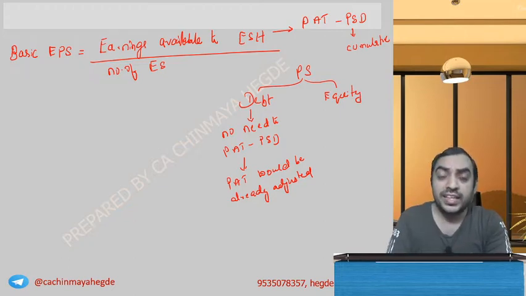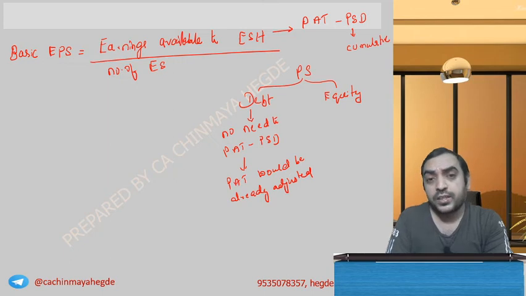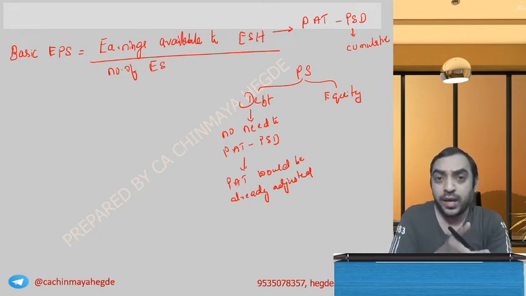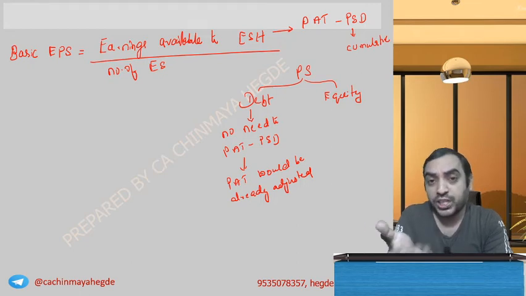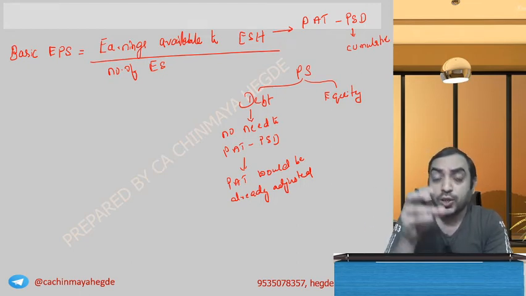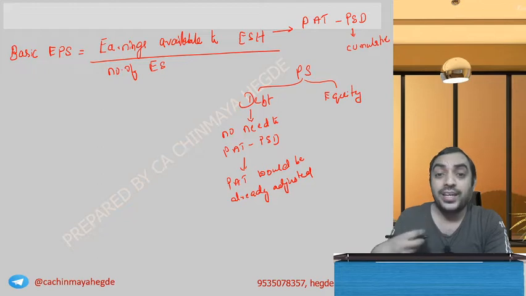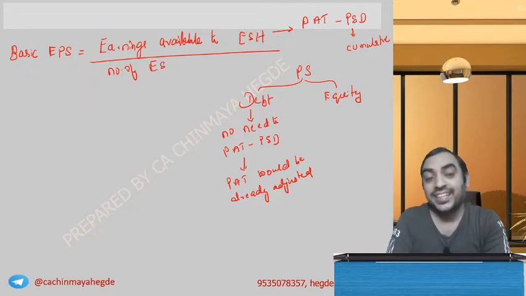Because when it is in the nature of debt, you would have applied the amortized cost method, where you calculate opening balance, interest on that, the preference dividend, minus payment, closing balance. So what is the debt element? The obligation of the entity towards preference dividend is already considered as a debt element, right?